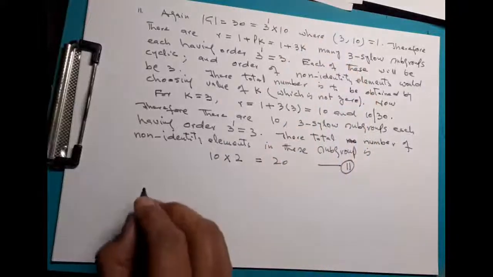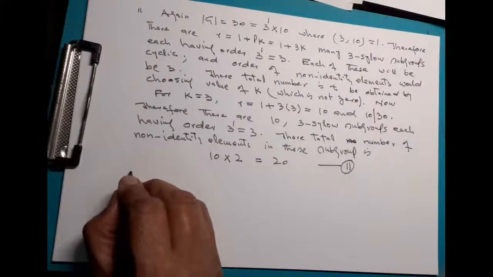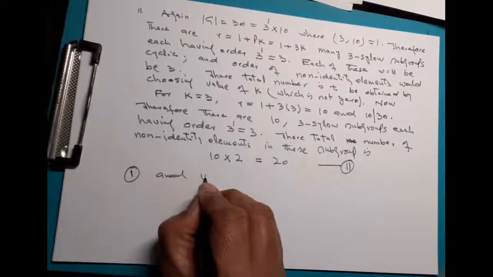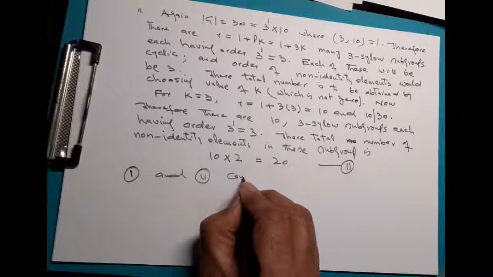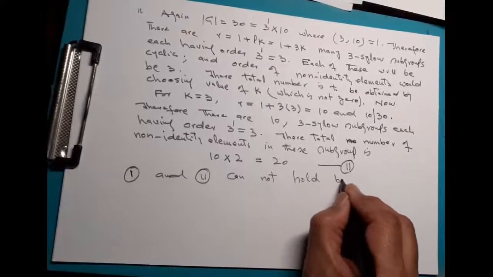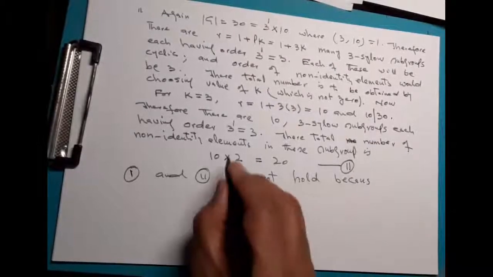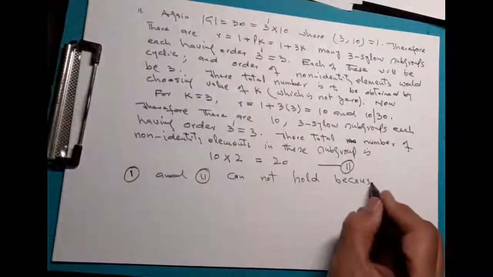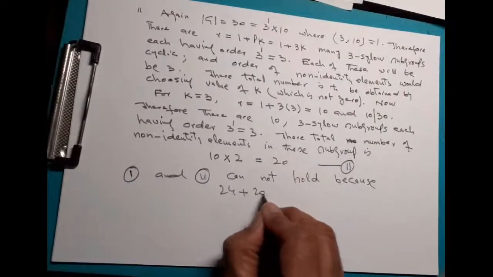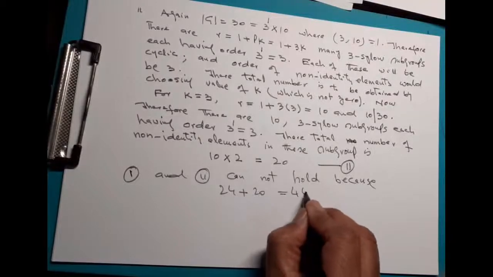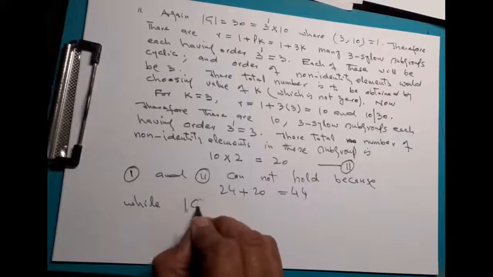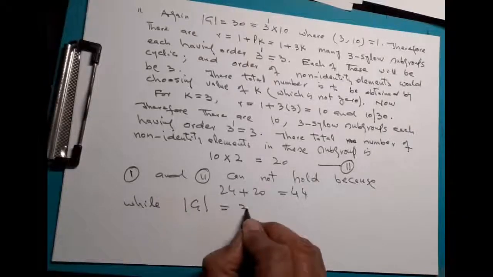So from 1 and 2, this cannot hold because 24 plus 20 is equal to 44, while in our case the total number of elements in the group G is equal to 30.